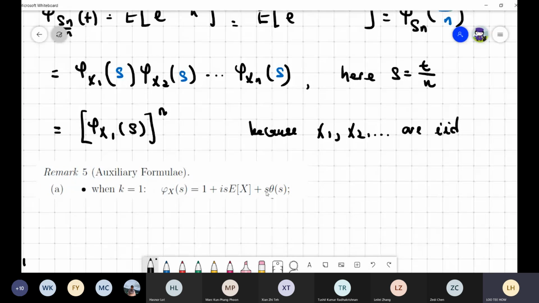So again, phi_X(s) is equal to 1 plus i s E[X] plus s theta(s).